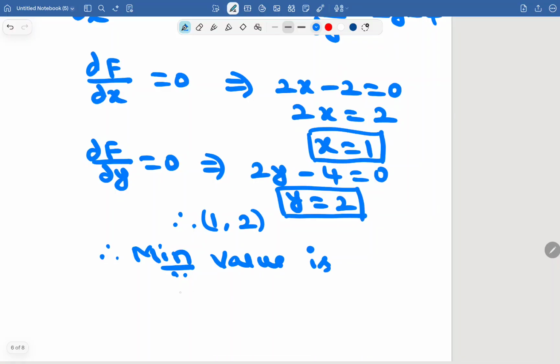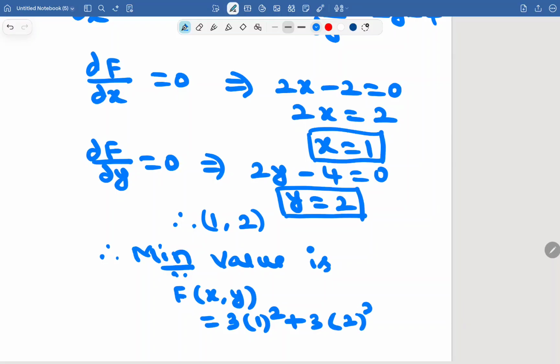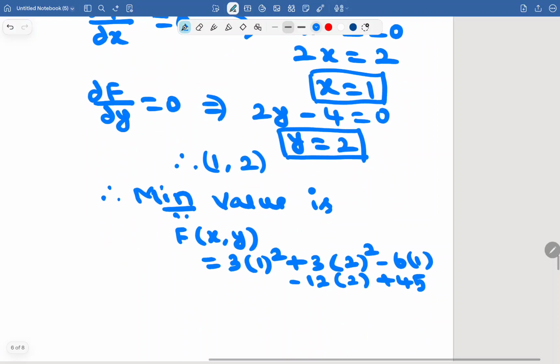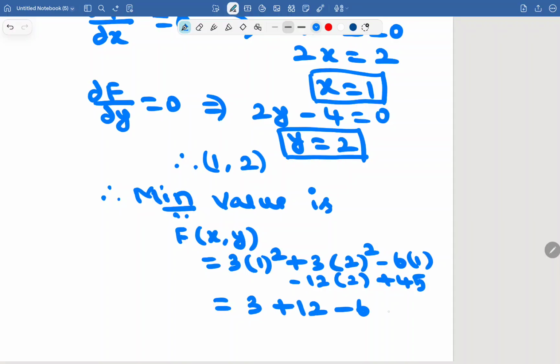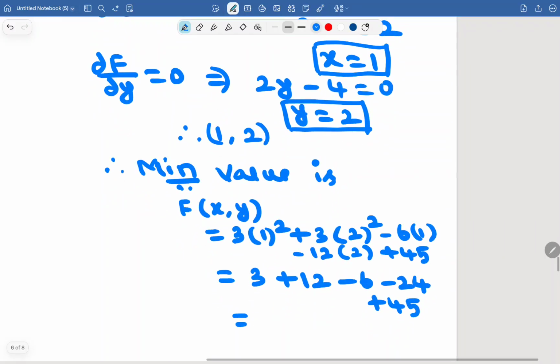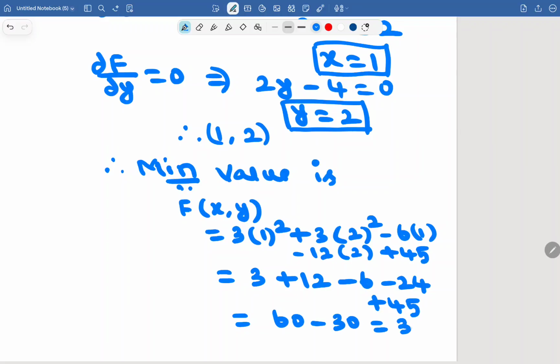Therefore, the minimum value is f of x comma y: 3 into 1 square, 3 into 2 square, minus 6 into 1, minus 12 into 2, plus 45. This is 3, 4 into 3 is 12, minus 6, minus 24, plus 45: 15 plus 45 is 60, minus 30, the answer is 30.